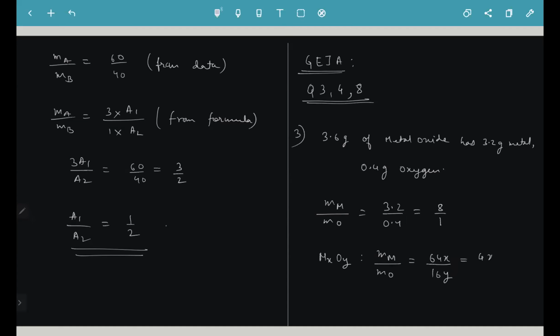This is equal to 4x by y. And the mass ratio should be equal. So we'll say that 4x by y is equal to 8. So x by y is equal to 2:1. The simplest ratio is 2:1. Formula will be M2O. Answer will be B.